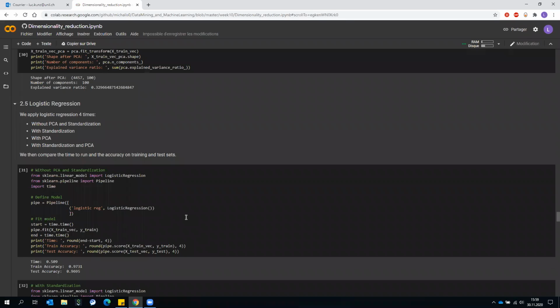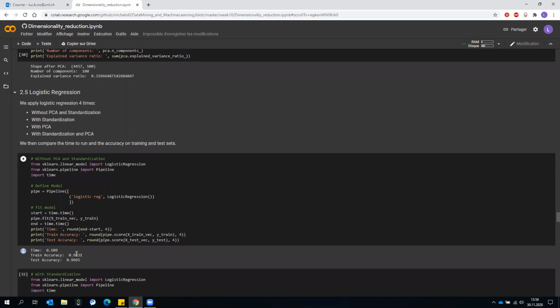Okay, so without PCA and standardization, the base rate was like 86 or 87, and we can see that we are above it. The time is quite quick, and we have a really high accuracy, and we did better than the base rate, so we are fine.